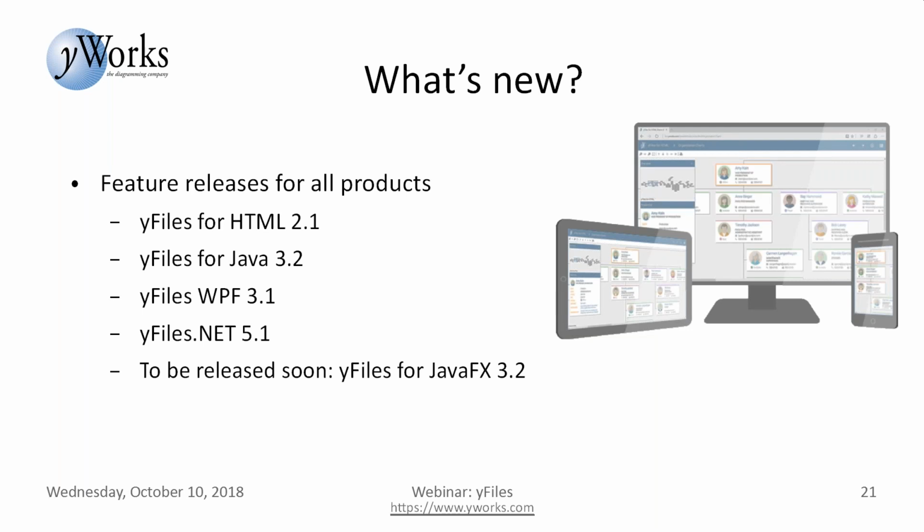So the fact that yFiles.NET is version 5 and yFiles for HTML is version 2 just tells us that yFiles.NET is around much longer than yFiles for HTML. But yFiles.NET is feature-wise actually on the same level as yFiles for HTML and the other products.